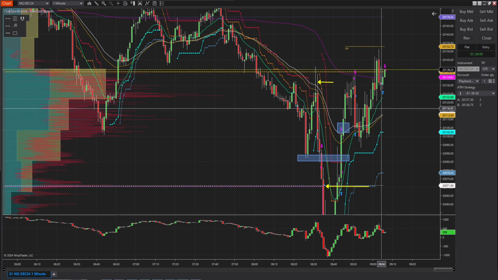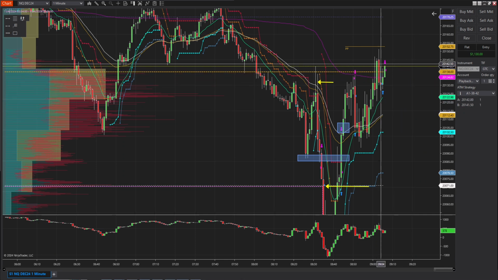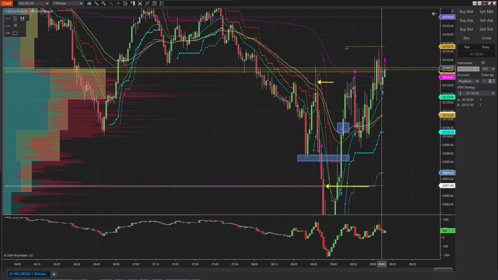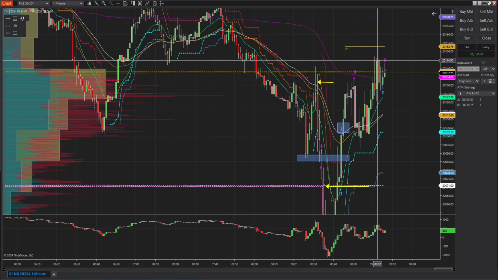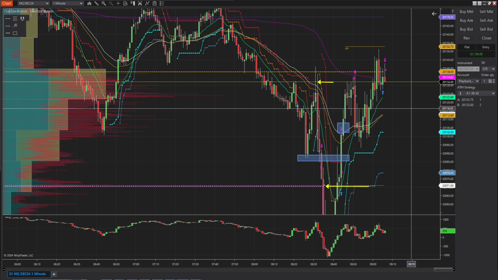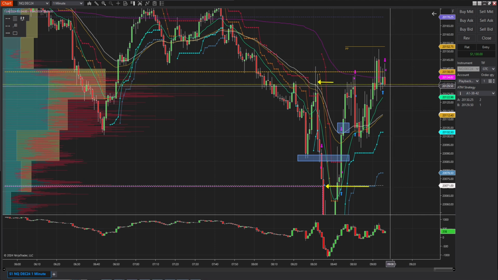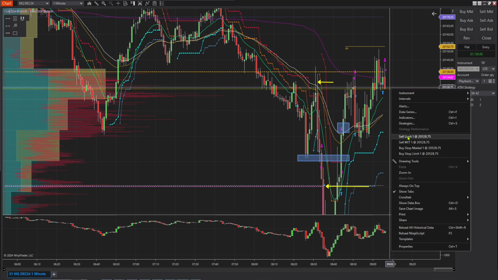Target filled. Yeah, I'm good with that, because sometimes when you see these long wicks, it may not reach all the way there immediately. I might as well come back and take another trade, right?